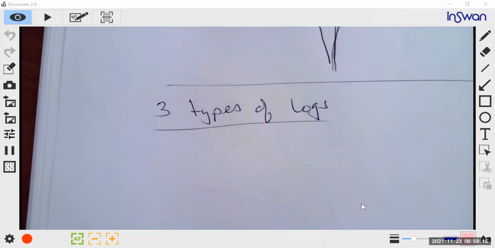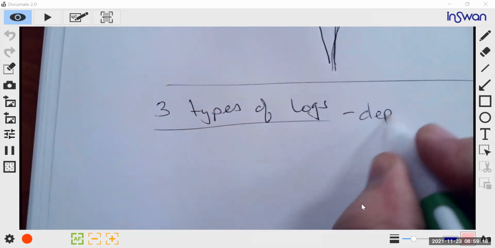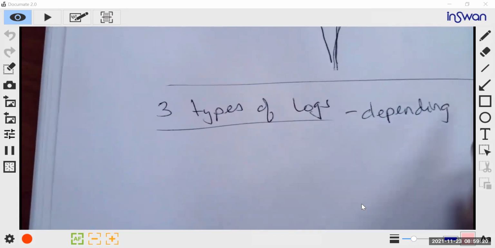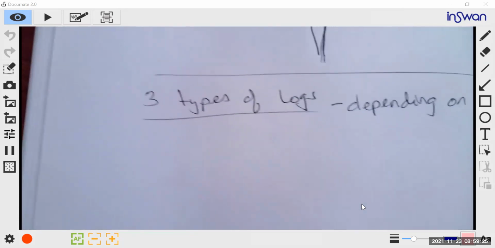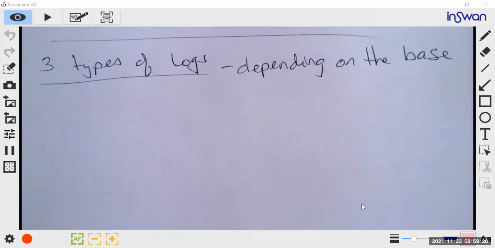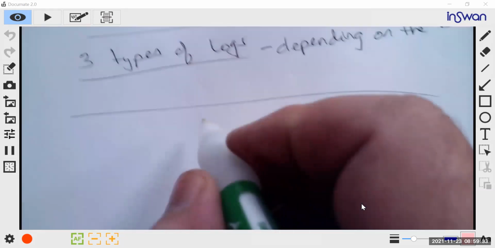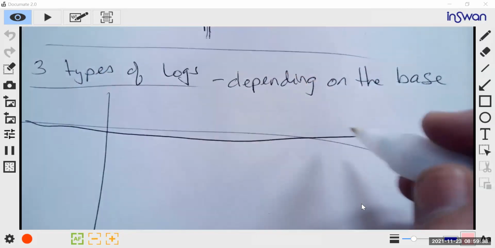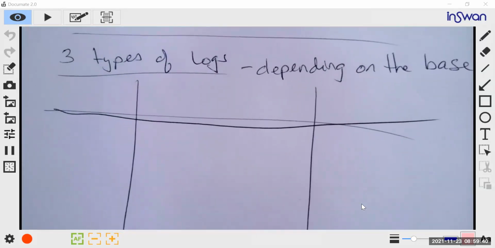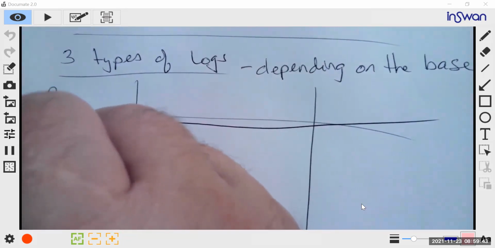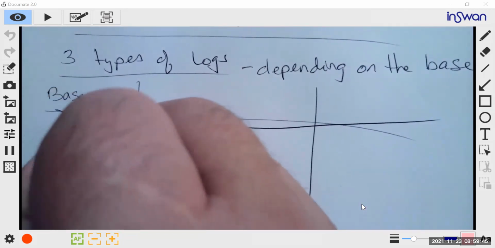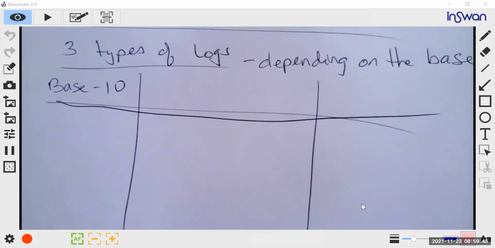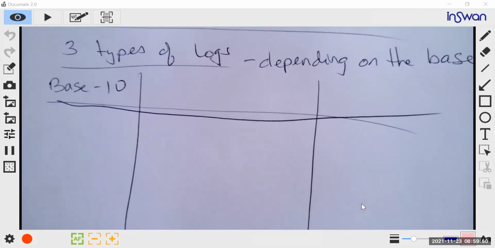Three types of logs, depending on the base. So the first one, let's say base 10. Our counting system is base 10.